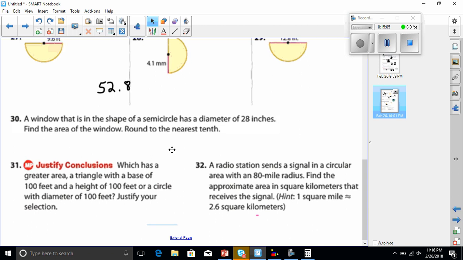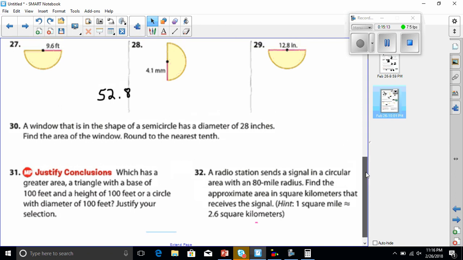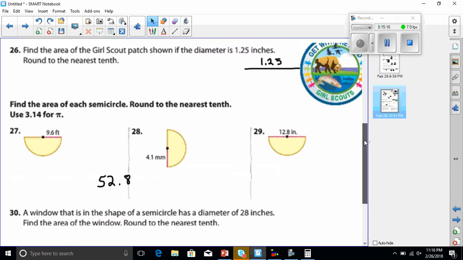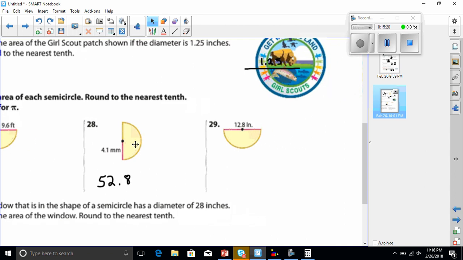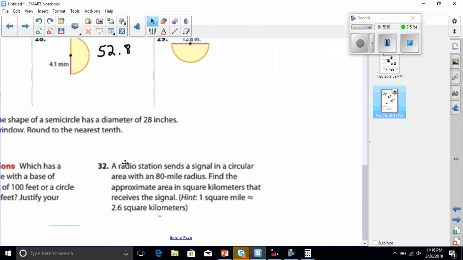Number 30, a window that is in the shape of a semicircle has a, oh wow, I did not even see this one. I have to go back to number 28, because they've given us half a circle, not a whole circle. I just noticed that. So what we have to do then is divide the number that we have by 2.